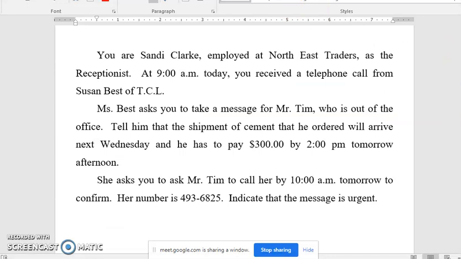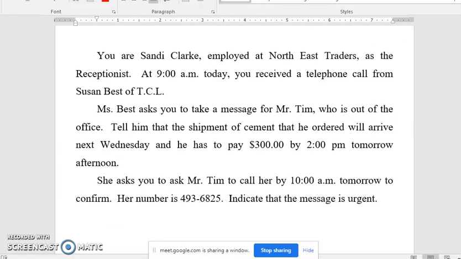So here we are moving on to an example of a call that may have come in while you were at the reception desk. You are Sandy Clark, employed at Northeast Traders as the receptionist. At 9 a.m. today, you received a telephone call from Suzanne Best of TCL. Miss Best asked you to take a message for Mr. Tim, who is out of the office.